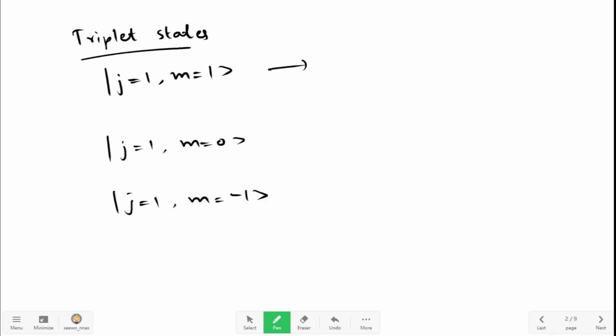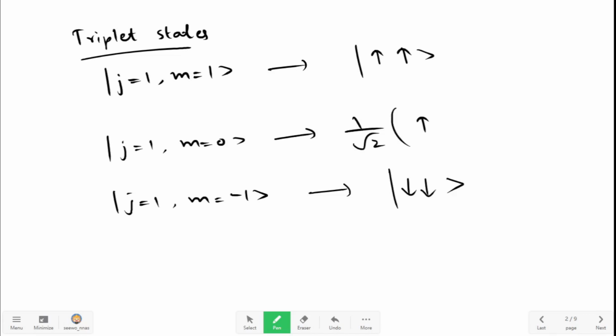In the first case, both spins are up. In the m equal to -1 case, both spins are down. In the m equal to 0 case, you have 1 by root 2 times (spin up, spin down plus spin down, spin up). Now all of these spin states are symmetric.